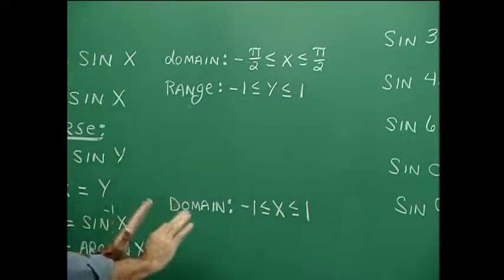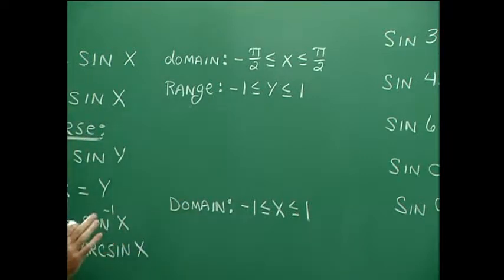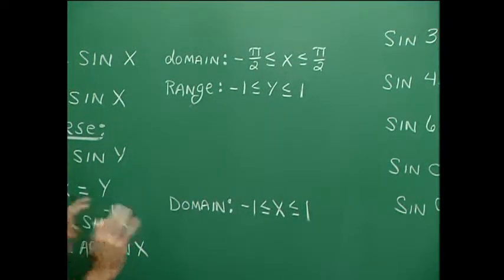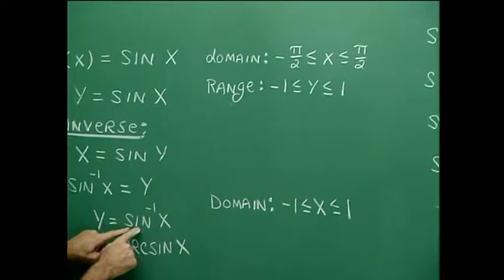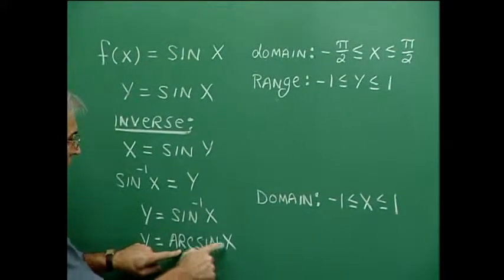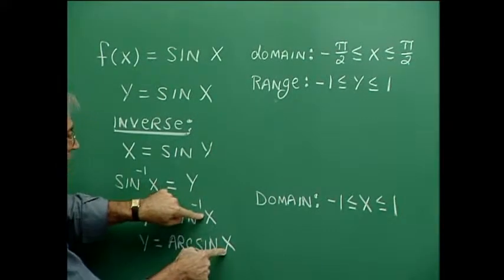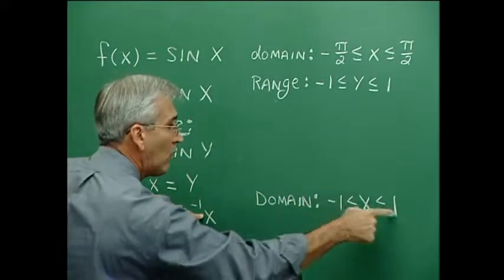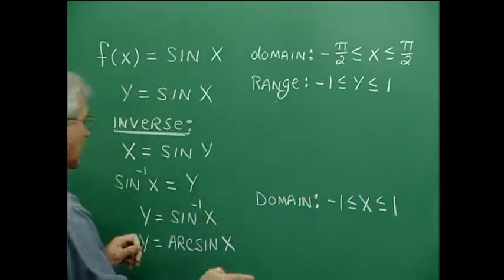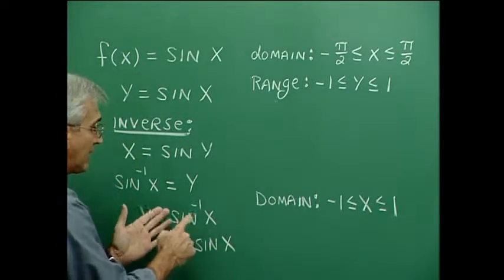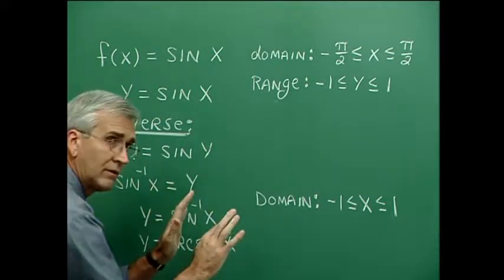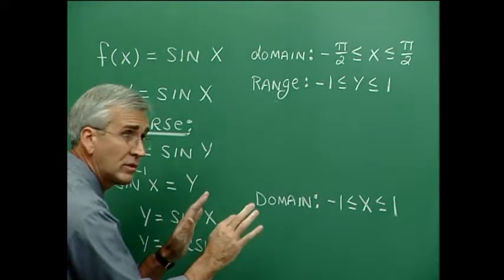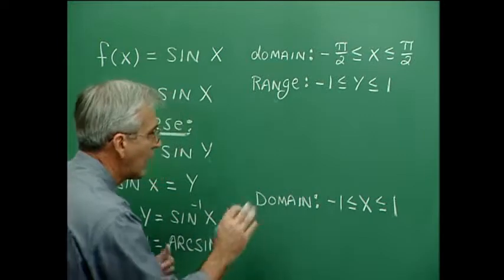Now, what that implies here in a practical way is that we can only take the inverse sine or the arc sine of x values that are between negative 1 and 1. We can't take the inverse sine of 3, for example. You see, so that's what the importance of the limitation of the domain is. All right, now what about range?